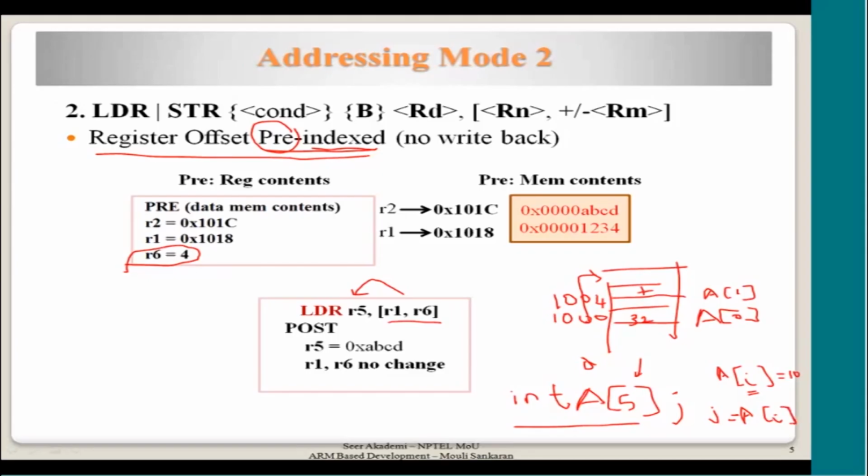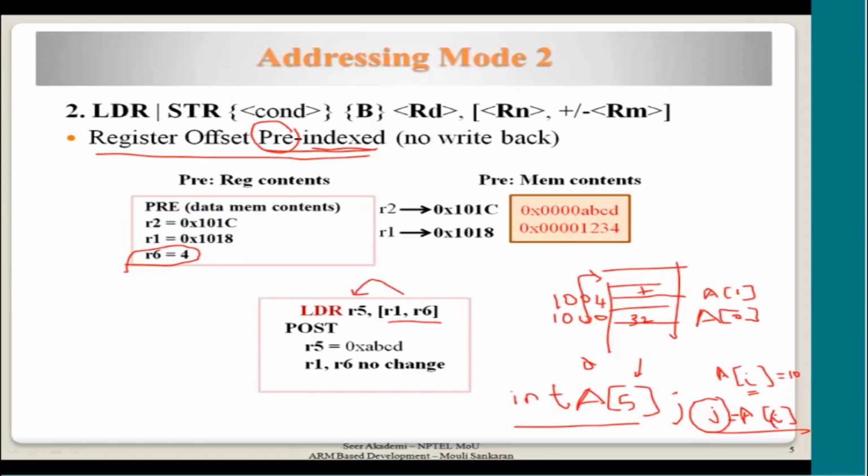How does the compiler generate code for it? It will maintain the J variable in one of the registers. It will maintain the index variable I in one of the registers.